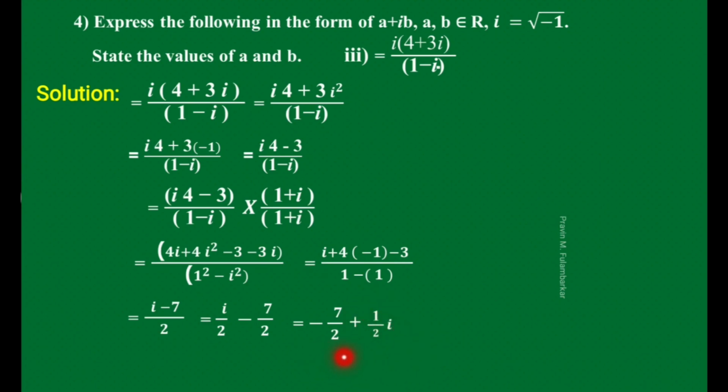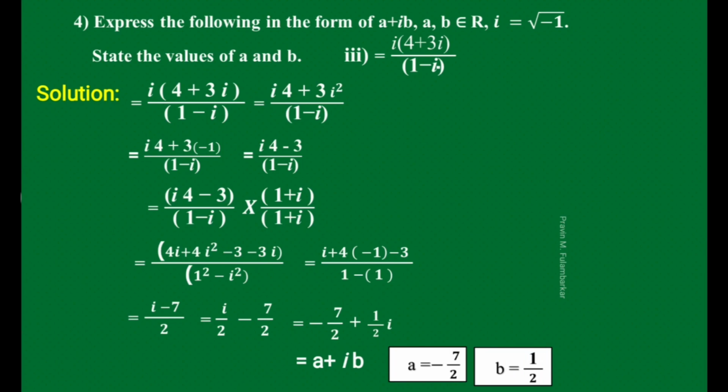So compare this with a plus ib. We get a equals minus 7 by 2 and b equals 1 by 2. So in this way we solve sub question 3 of question 4.